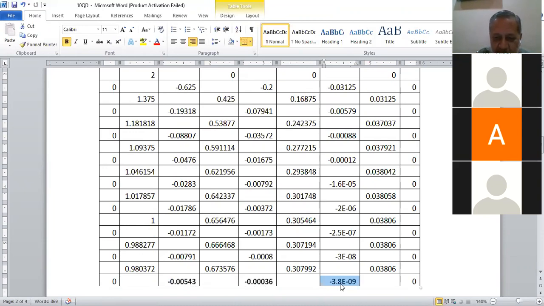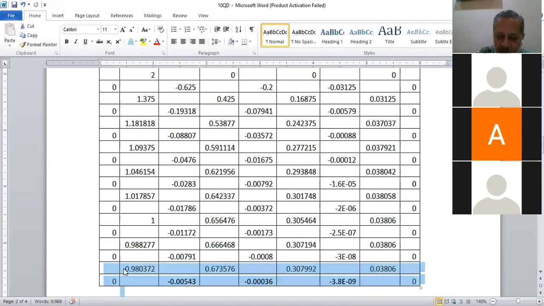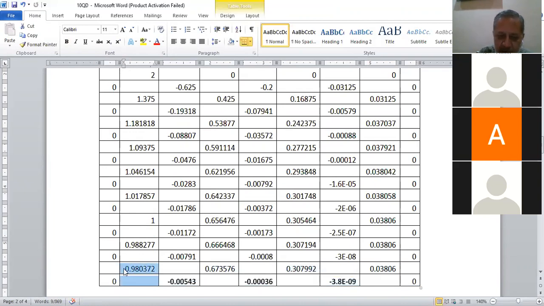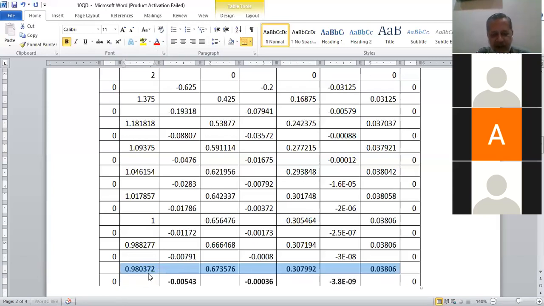This one is very close to 0. When we observe that these E values are close to 0, at that stage, the 4 Q values, this one, this one, this one, these are nearly the roots of the given 4th degree polynomial.